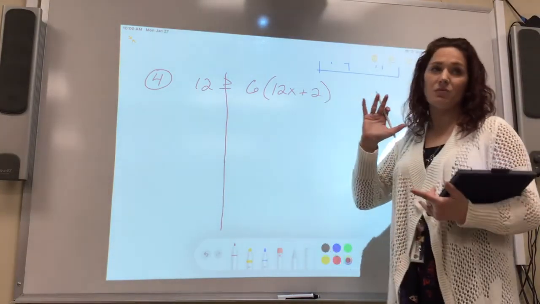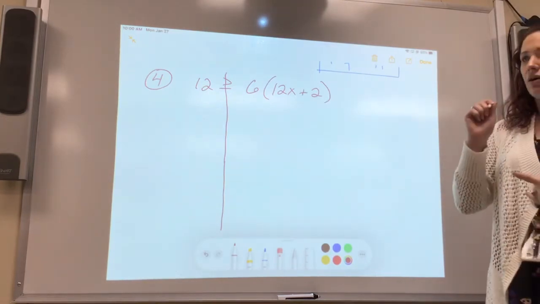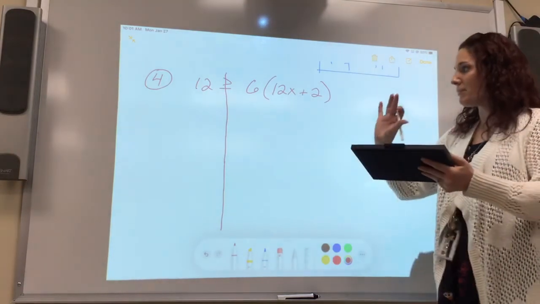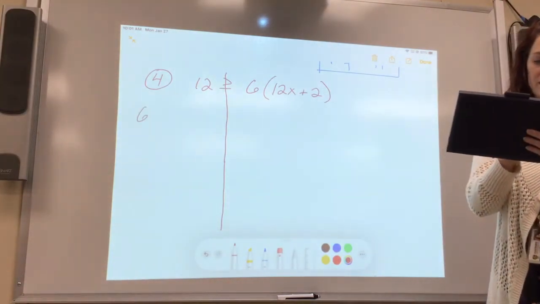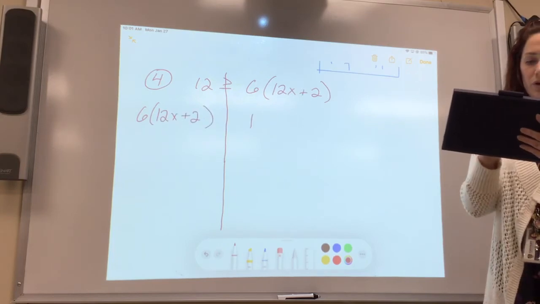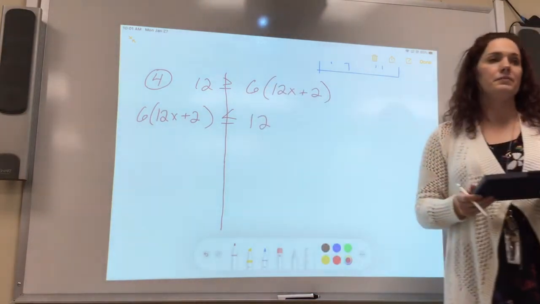It changes as well. At some point, you do have to flip this around because it's not okay to leave your answer with the variable on the right. So I'm going to flip the sides right now. I'm going to put the 6 in the parentheses over here, and I'm going to put the 12 over here. But then flip from a greater than to a less than.